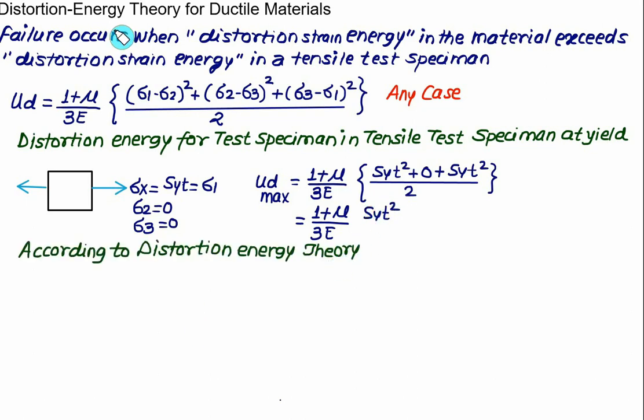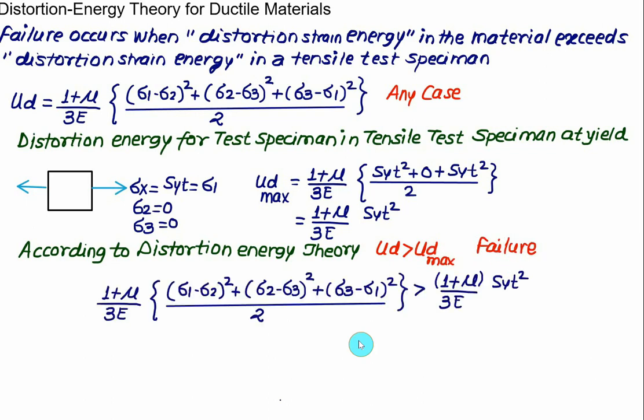So according to the distortion energy theory, the failure will occur when the distortion energy in the material, that is the value of UD, exceeds the value of distortion energy in a tensile test specimen, UD maximum. So I plug in this value of UD from the earlier equation, which is (1 plus mu) divided by 3E into (sigma 1 minus sigma 2) whole square plus (sigma 2 minus sigma 3) whole square plus (sigma 3 minus sigma 1) whole square divided by 2, which must be greater than (1 plus mu) divided by 3E into SYT square.